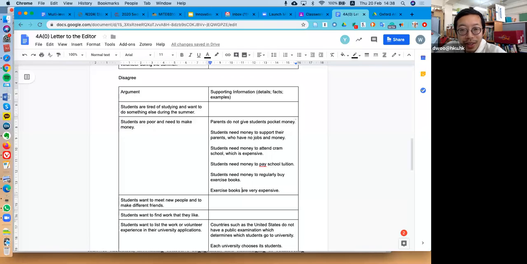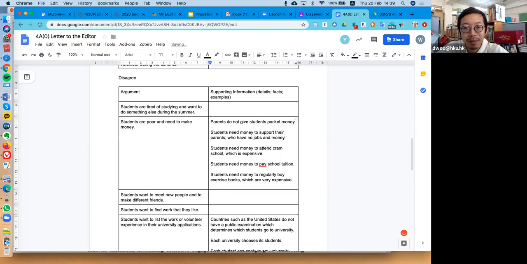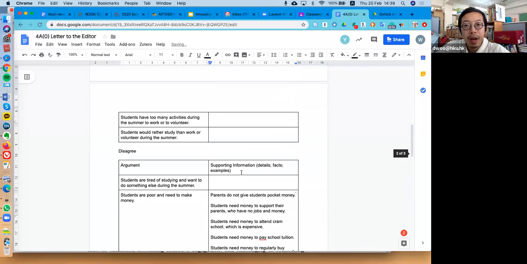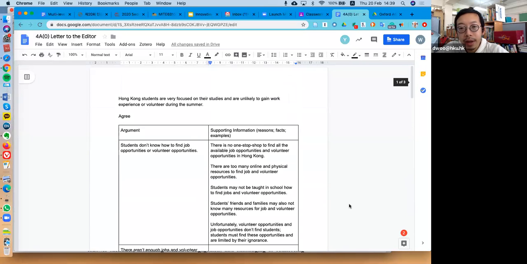Students need money to regularly buy exercise books, which are very expensive. Good. All right. So that's it for today.